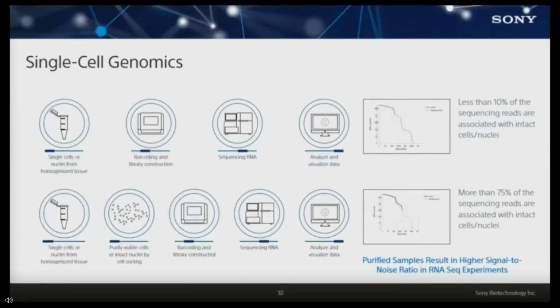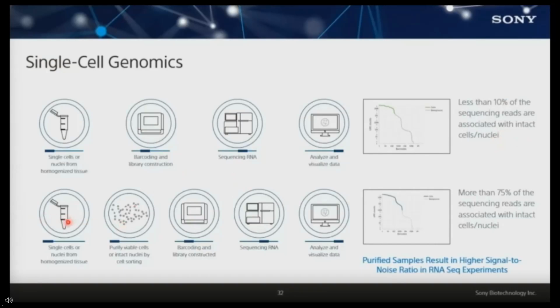So there's some old workflows, there's new workflows, there's a lot of ways to go about genomics, right? Some offer you better outcomes than others. So if you don't enrich, if you don't purify your targets and you go to analyze RNA, you may have less than 10% of your sequencing reads associated with intact nuclei or cells, right?